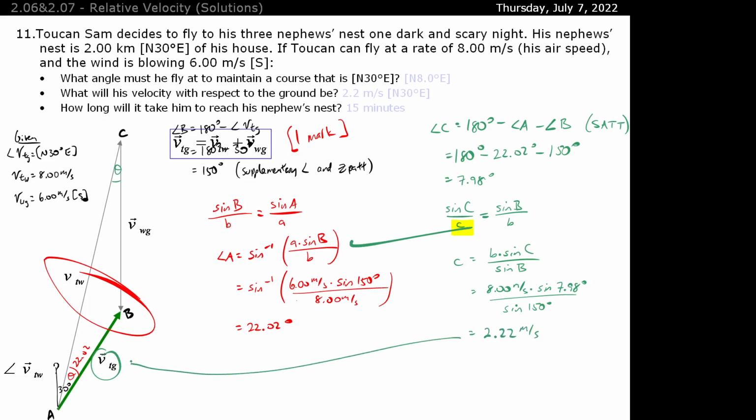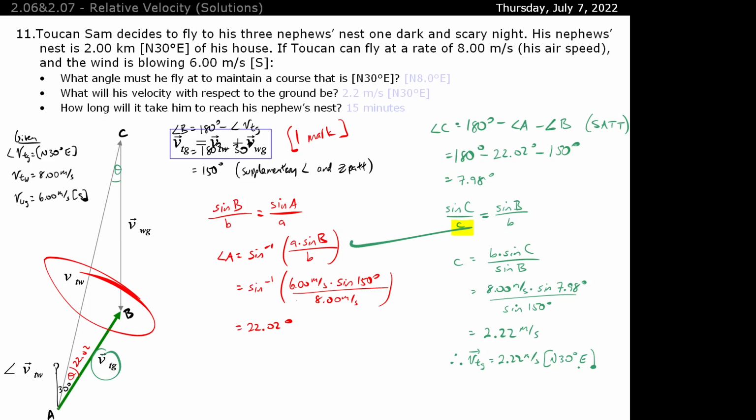Okay, and now we find out VTG. Therefore VTG, how he's really flying, is not very quick. He's only traveling at 2.22 meters per second north 30 degrees towards the east.